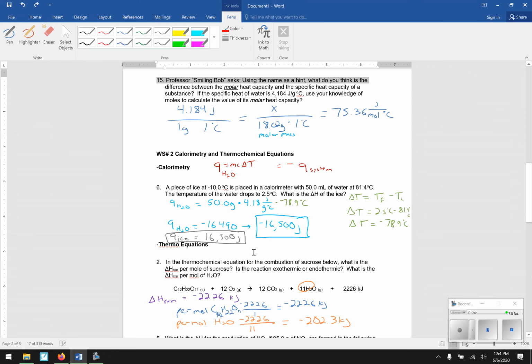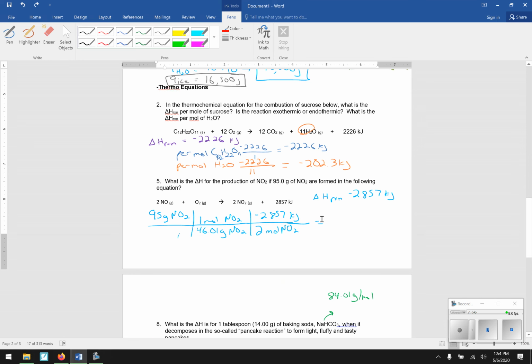Okay. So if you do the math on this, 95 divided by 46.01 times negative 28.57 divided by 2, and you get, and I'm going to round to proper sig figs here, so you got something very slightly different.